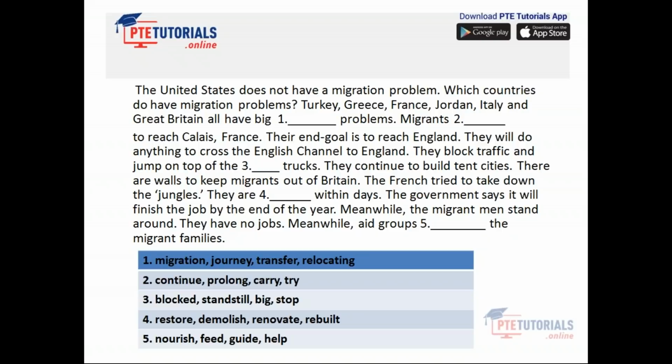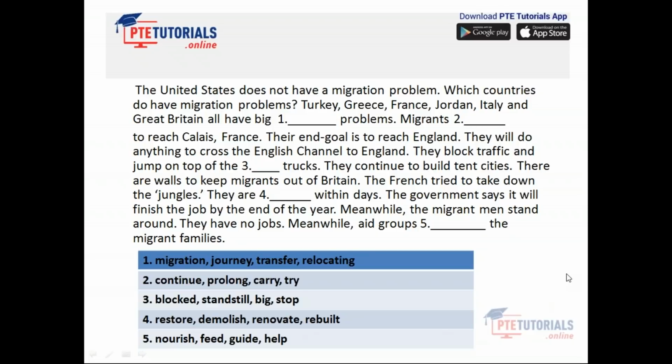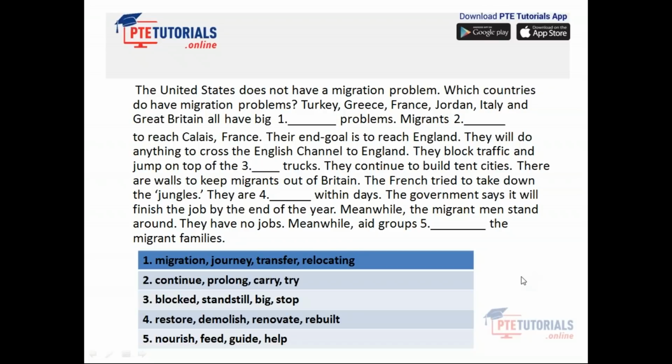Aid itself means you're helping. I'm not going to write again and again the word help. Aid means help. So I'm left with only and only feed. Feed the families. Collocation. Next question.